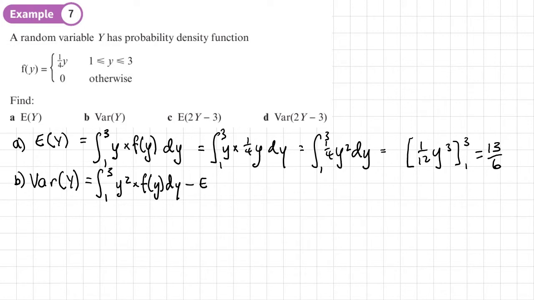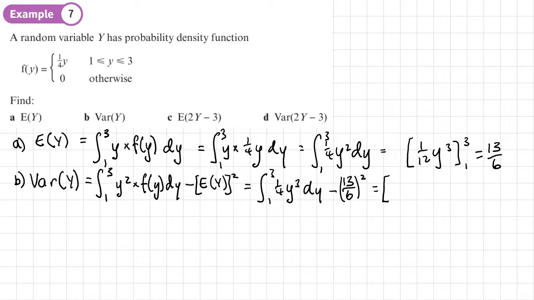Let me write it as E of y squared, and then we'll substitute it all in. Right, so 1 and 3 here. So f of y times y squared is going to be a quarter y cubed. I could take the quarter over if I wanted to. And then we're going to take away 13/6 squared.